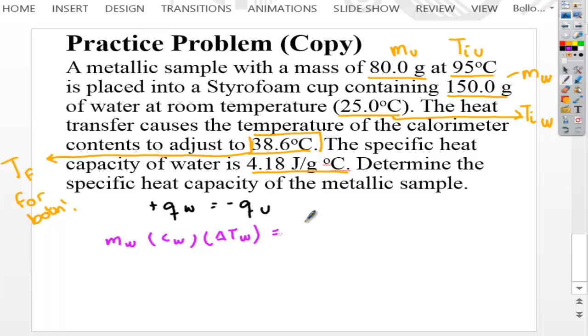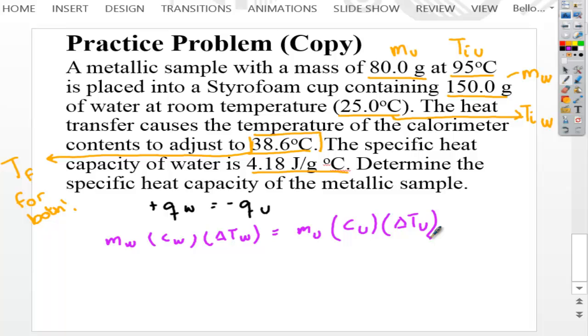It's equal to the mass of the unknown times specific heat of the unknown, which is what we're calculating, times the delta T of the unknown.